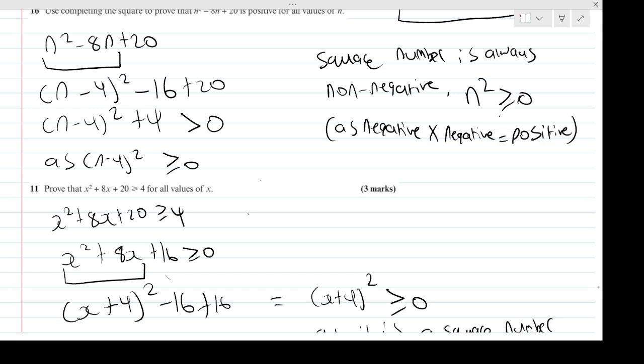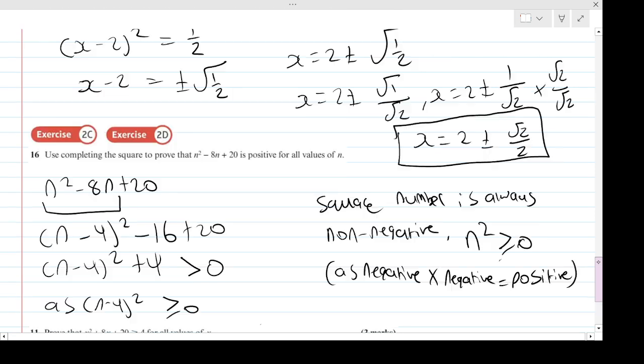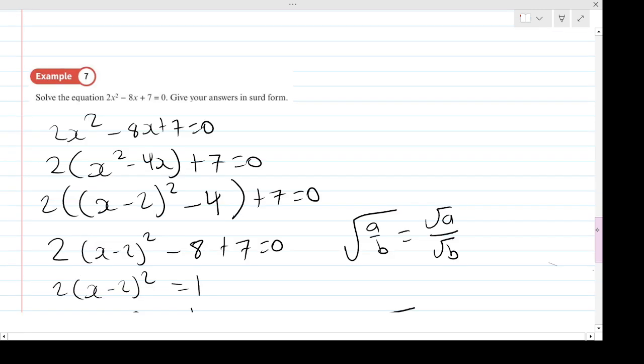This is the method to follow: just complete the square, then recognise the square number, so it can only be positive and so on. We'll look at more examples of this in later chapters, but this is essentially the whole idea behind it. That's completing the square.